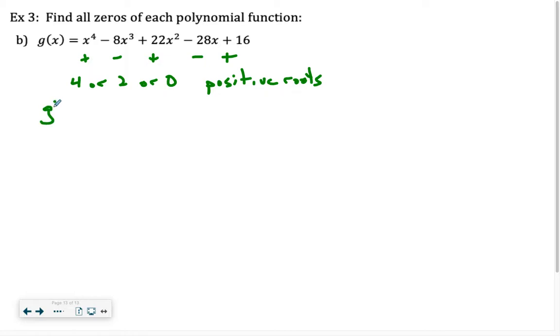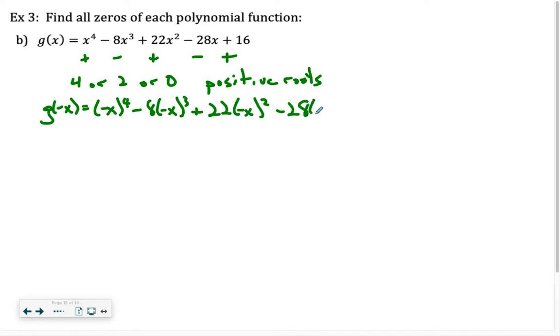Then plug in negative x. So that'll be negative x to the fourth minus 8 times negative x cubed plus 22 times negative x squared minus 28 times negative x plus 16.